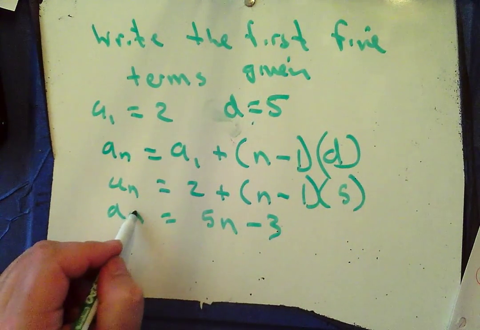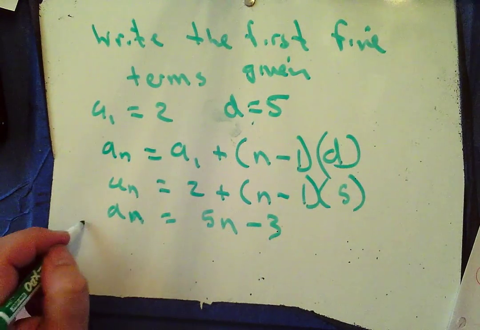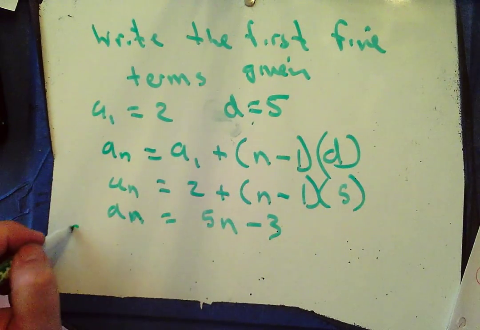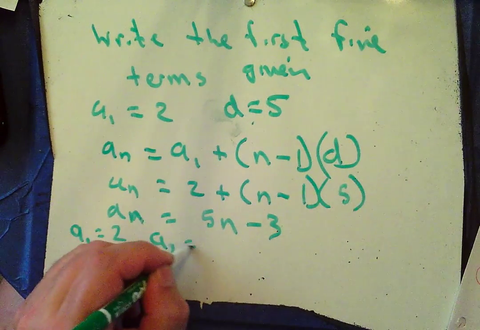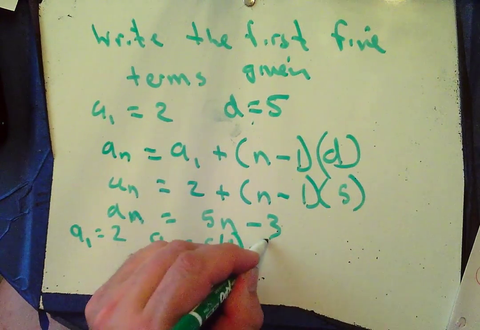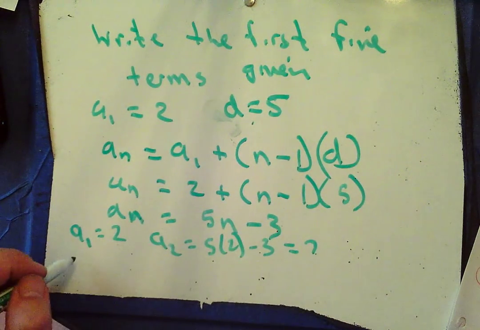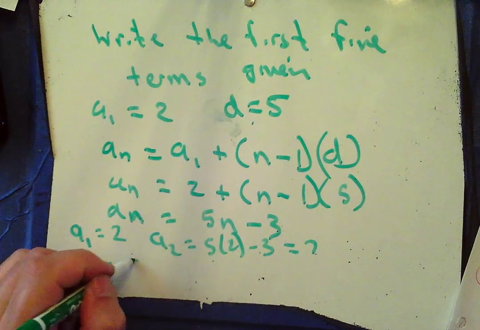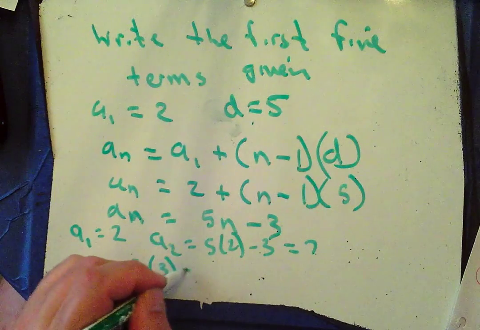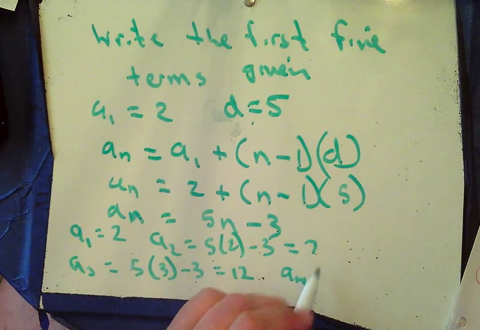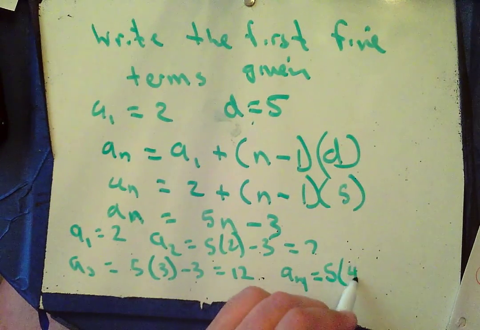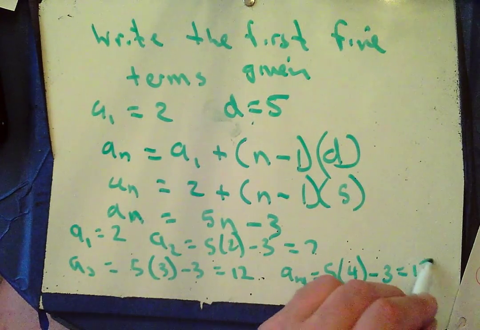And now, if we want to find the value of the first 5 terms, well, we already know a sub 1 is 2. A sub 2 would be 5 times 2 minus 3. A sub 3 is going to be 5 times 3 minus 3 is 12. A sub 4 is going to be 5 times 4 minus 3 is 17.